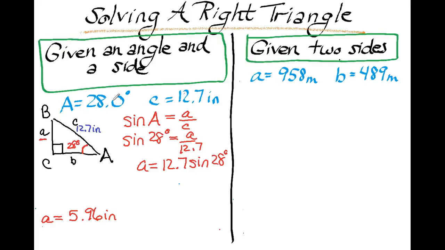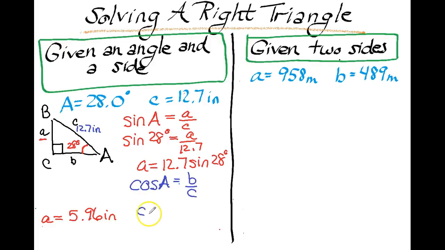So now let's take a look at side B. Again, the information that was given to me was angle A and side C. So with respect to angle A, how can we find side B? Well, I know that B over C represents the cosine of angle A. So I use the cosine of angle A equals B over C. And again, I'm using the information that was given in the original problem.